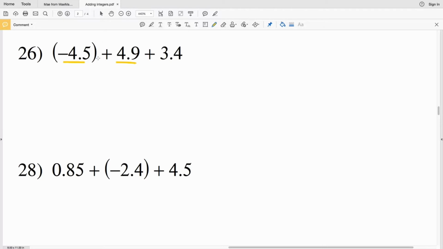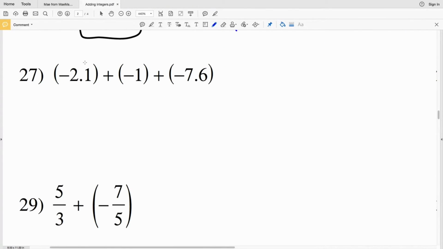So we know that when we add these, our answer ultimately is going to be positive. We could also just do 4.9 minus 4.5, and that's going to leave us with 0.4. And then all we have left to do is to add that positive 3.4. So 0.4 plus 3.4 is going to give us 3.8.